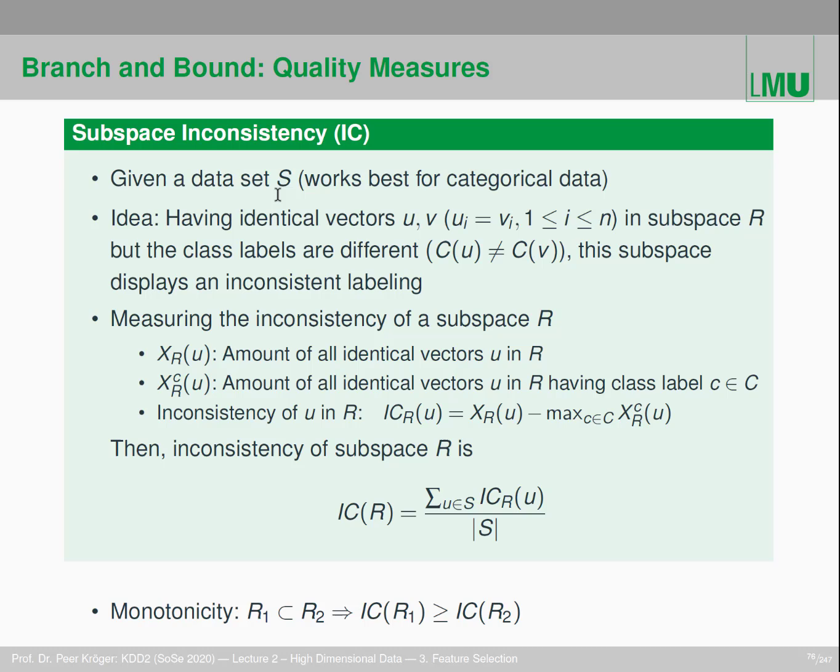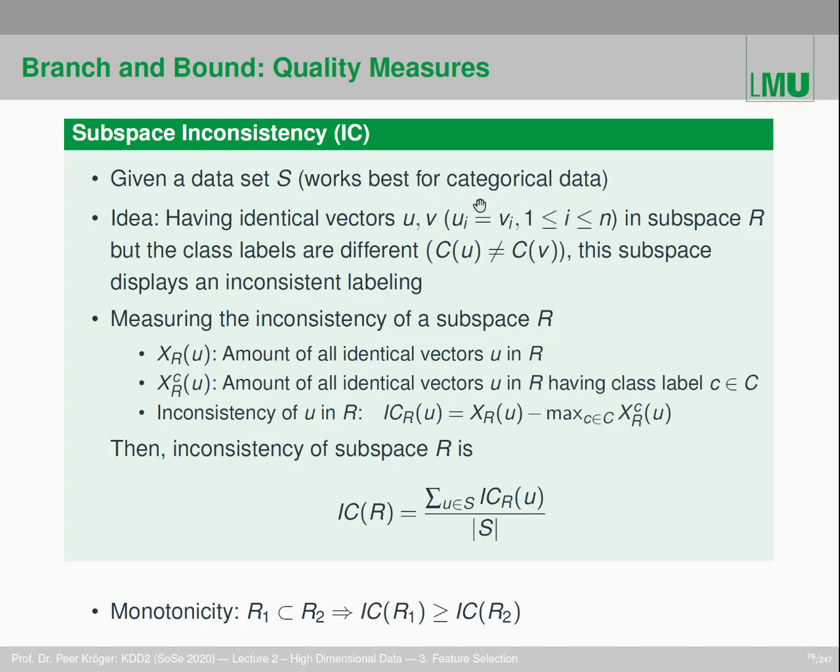Given a data set of categorical features, the idea is, if we have identical vectors u and v in a specific subspace, but having different class labels, this subspace is somehow inconsistent. So vectors that have identical values, and so you see it works best for categorical data.